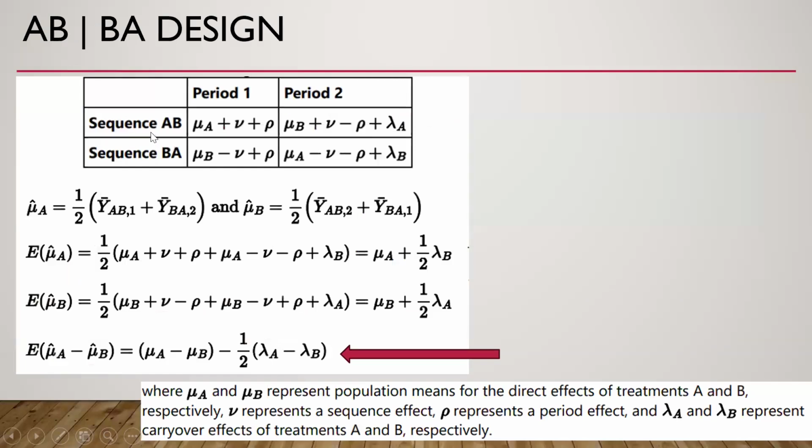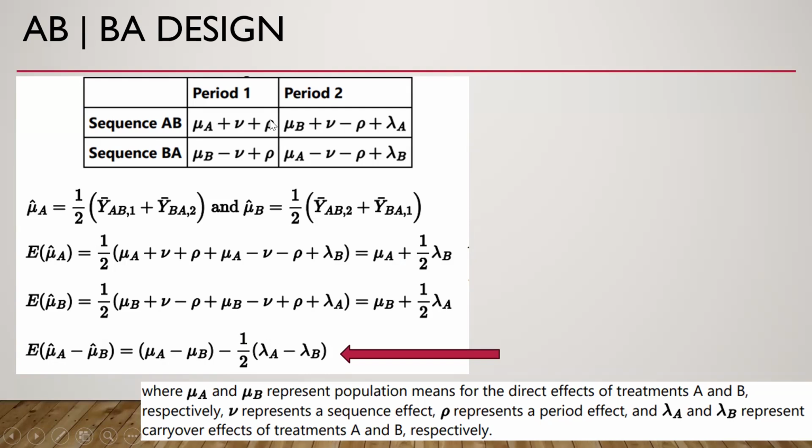So in the AB and BA design, that is the 2 by 2 crossover design, we have the effect due to treatment, that is treatment effect due to sequence. This effect is there in the first sequence, and by nomenclature we omit that effect from the last sequence. Here the last sequence is the second one, so we have omitted the sequence effect from the sequence BA.